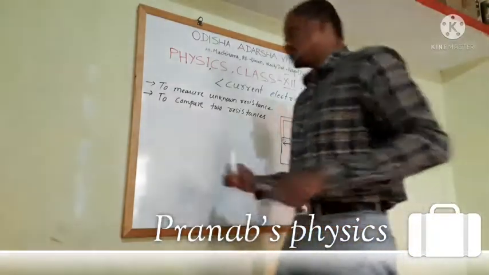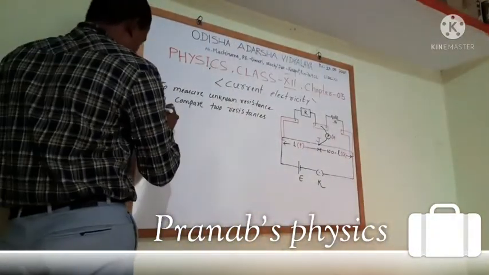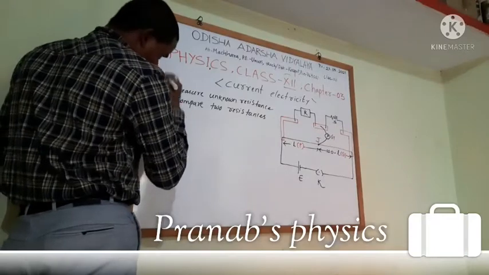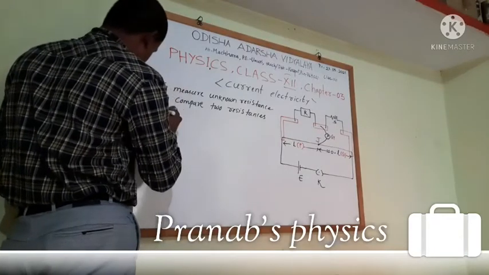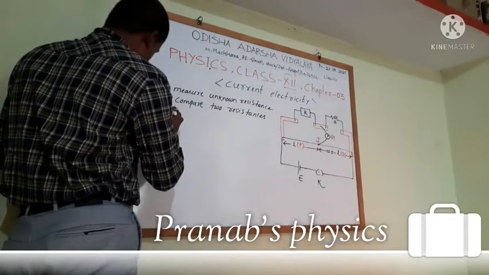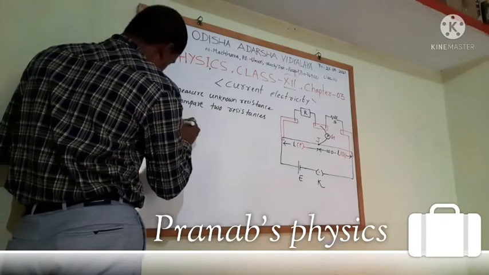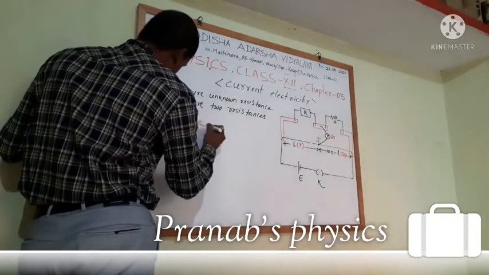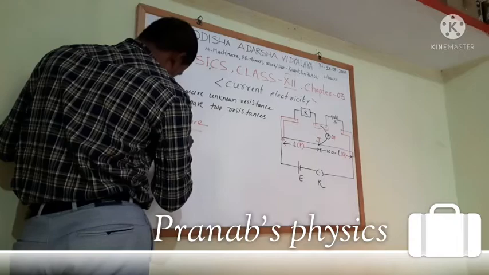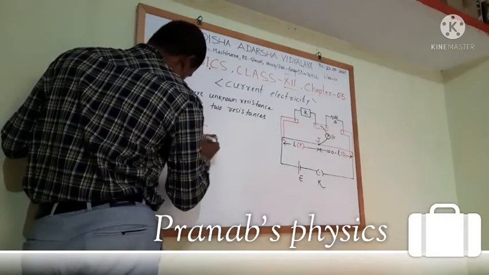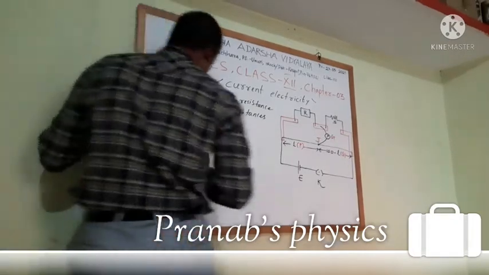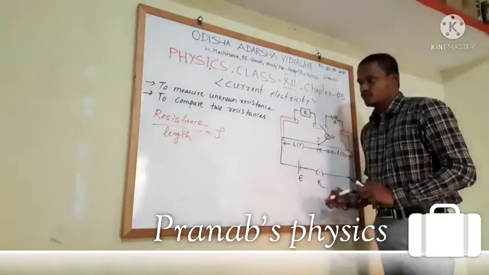To understand it better, let me explain one concept called resistance per unit length. We are taking this symbol rho.